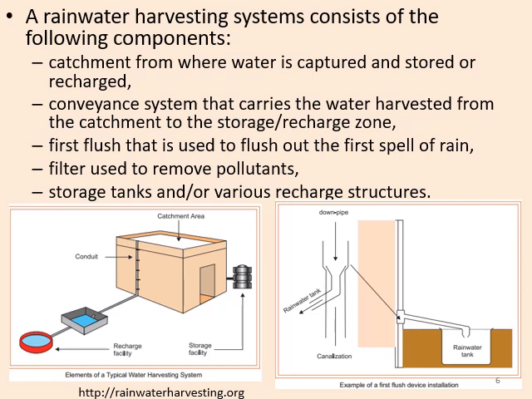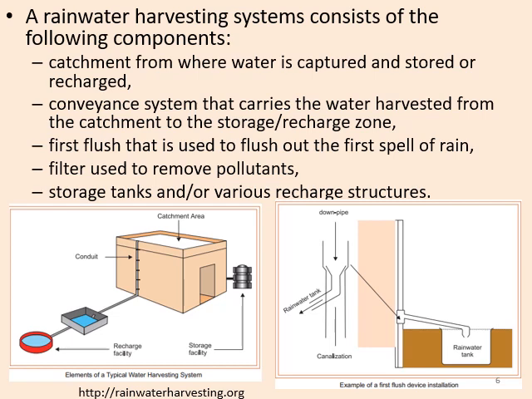Then filter, used to remove pollutants. We can also use filters in the storage tank for removing the extra pollutants that have not been flushed out or removed from the first spell of rain, or from the first flush system.